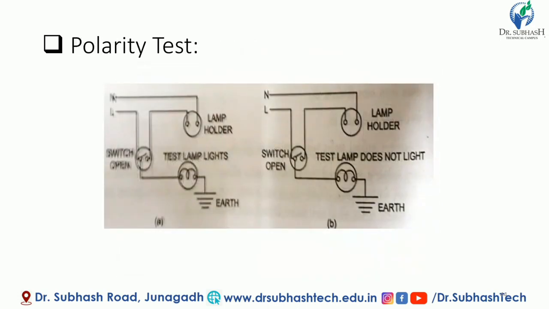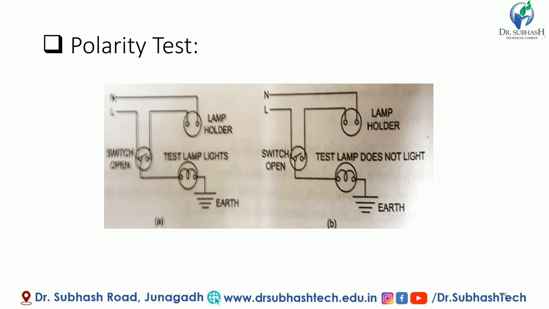Now the polarity test, which tells which one is line and which one is neutral. If you don't know the connection of line and neutral, how will you identify it? One line is given to the switch, which is open, and a test lamp and earth. Now you can see the lamp holder is there. If the lamp glows, then this is the line, and if the lamp doesn't glow, then this is the neutral.